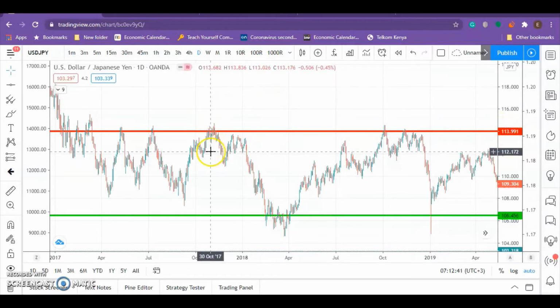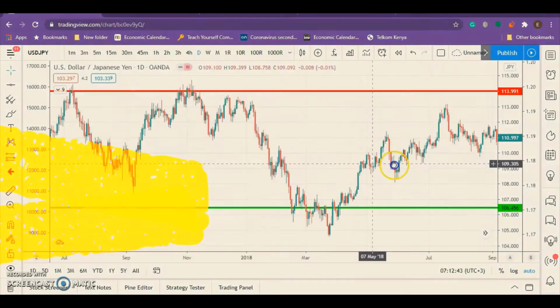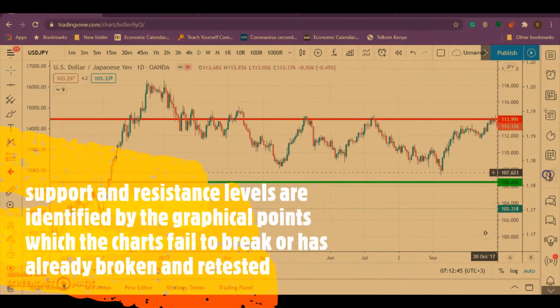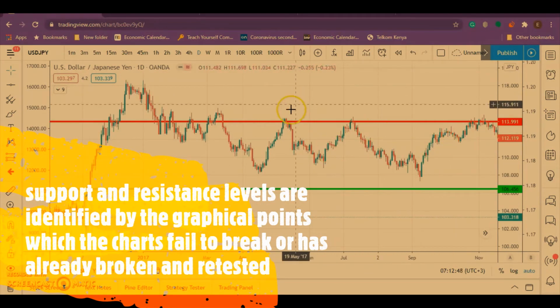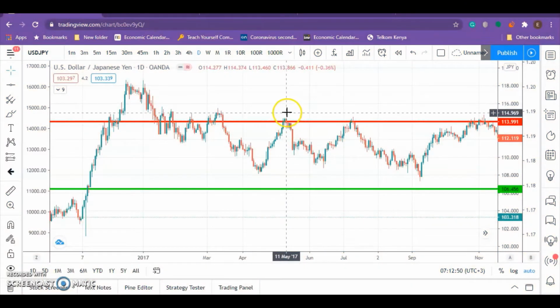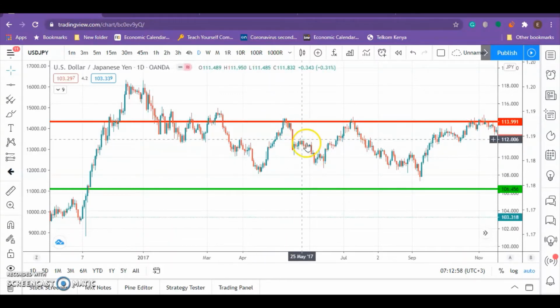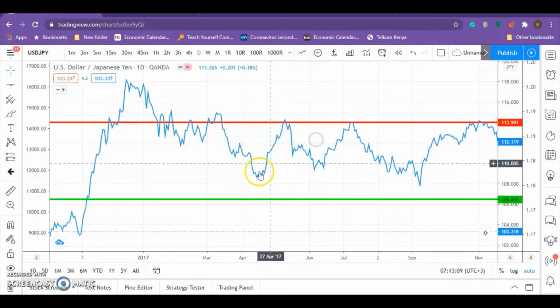Once we have identified a level like that, the next thing is to wait for it. If I was looking for a sell position, I would actually have waited till this M right over here has formed. Then I would get in my sell position right over here. I don't know if you can see that M. Let us go back to our line graph.